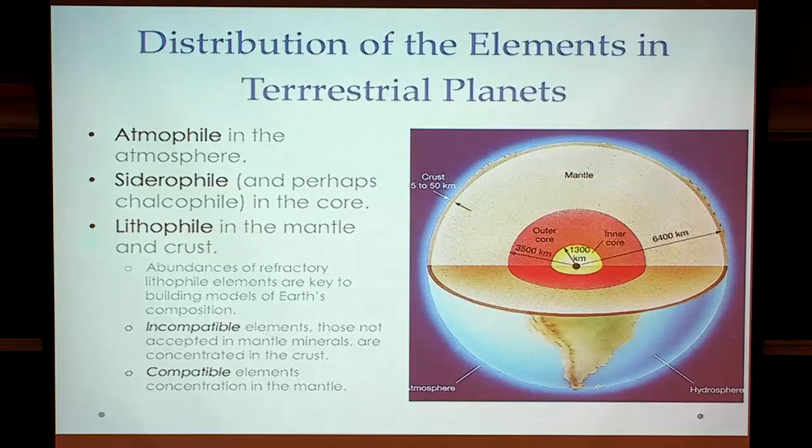And the mantle also then, at least in the case of the Earth, undergoes subsequent differentiation into forming a crust. And here are the differences between incompatible elements, those that aren't accepted in minerals and therefore concentrated in the crust when the mantle melts, and compatible elements, those that remain in the mantle. And we'll talk about that in a little more detail in a bit.